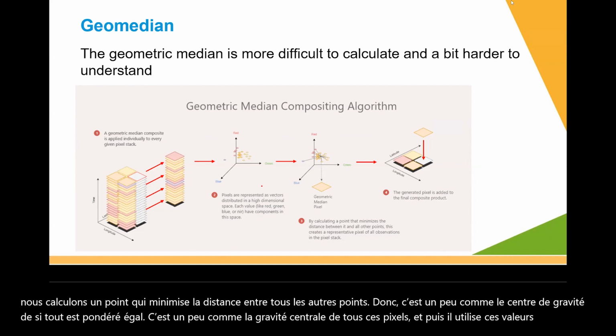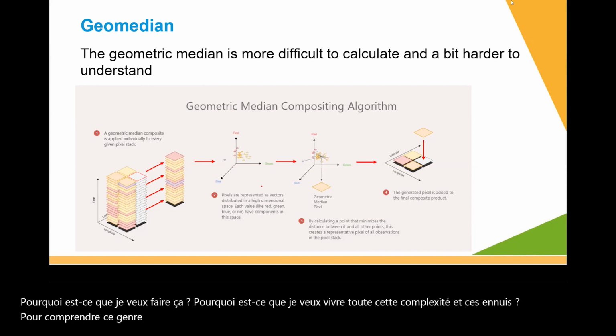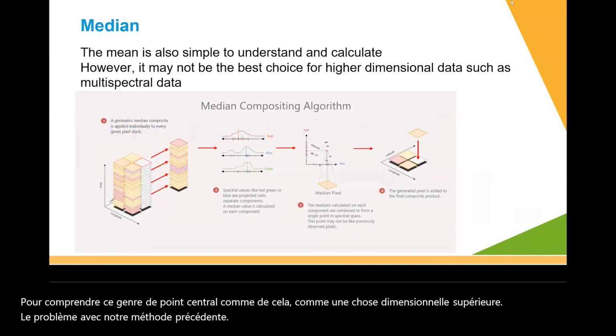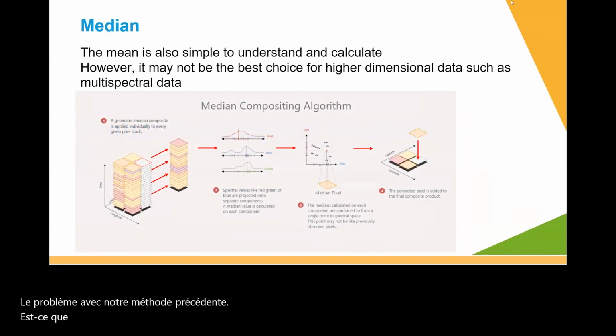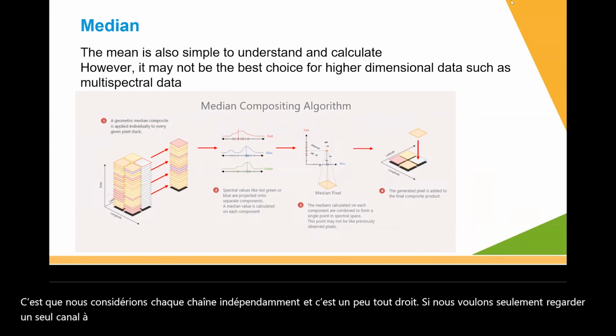Now, why do I want to do this? Why do I want to go through all this complexity and trouble to figure out this center point of this higher dimensional thing? Well, the problem with our previous method was that we were considering each channel independently. And that's all right if we only want to look at a single channel at a time. But many times during our analyses, we're actually comparing these channels together.